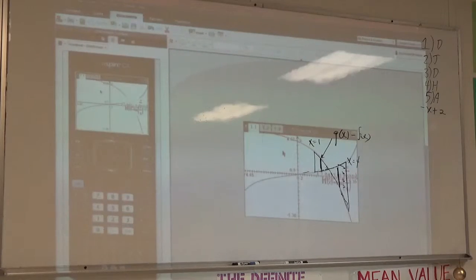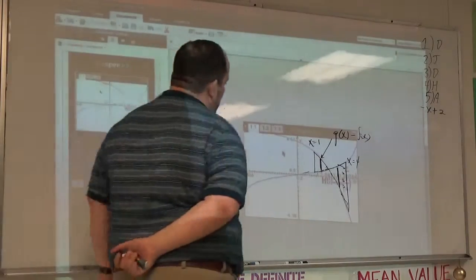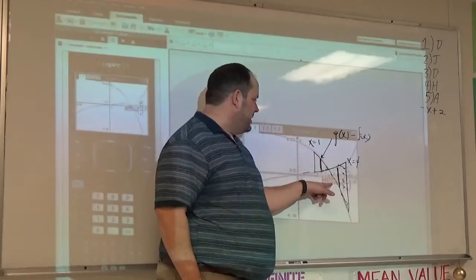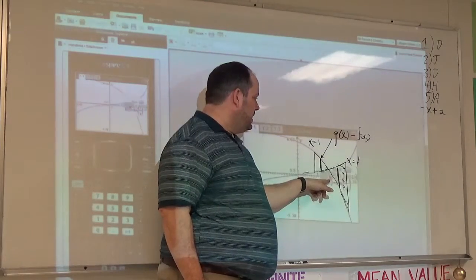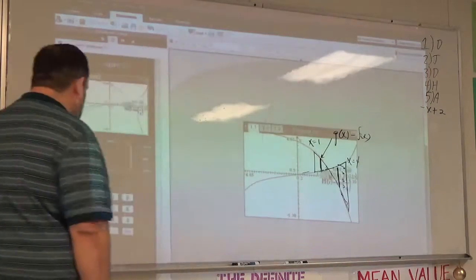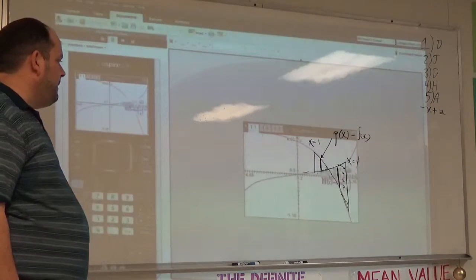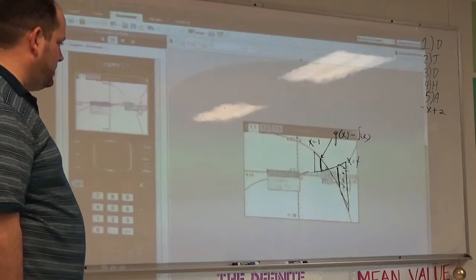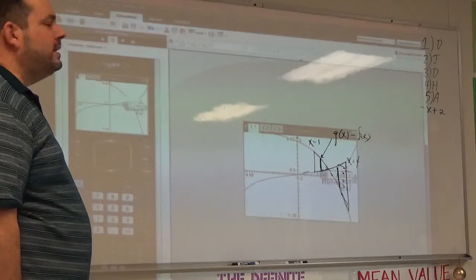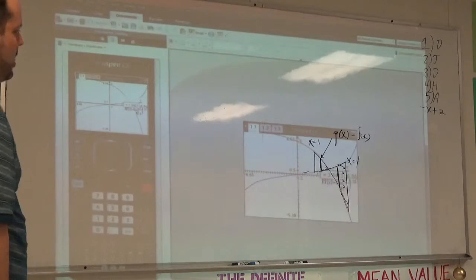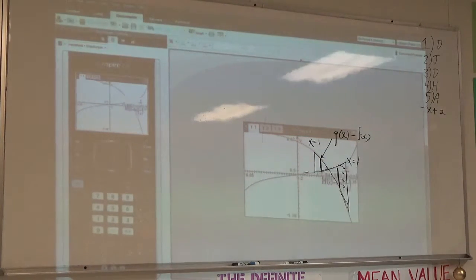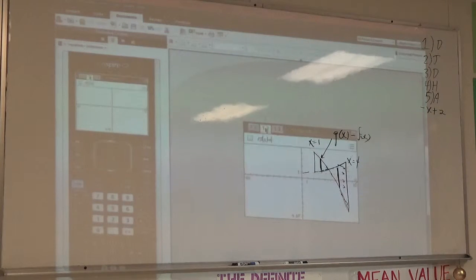Okay, go back to the intersection point, click on it once, and then hit stop. Store it as a variable, call it something. And you have to write down on your paper somewhere what that variable is.